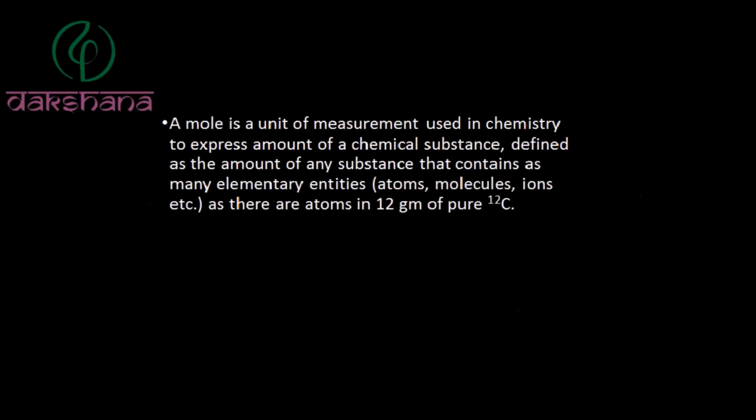Okay, now let's come to the definition that you will be studying in any book or on the internet. So 1 mole is a unit of measurement used in chemistry to express the amount of a chemical substance, that we know already, and is defined as the amount of any substance that contains as many elementary entities as there are atoms in 12 gram of pure carbon C12, and these elementary entities can be atoms, molecules, ions, anything, right?